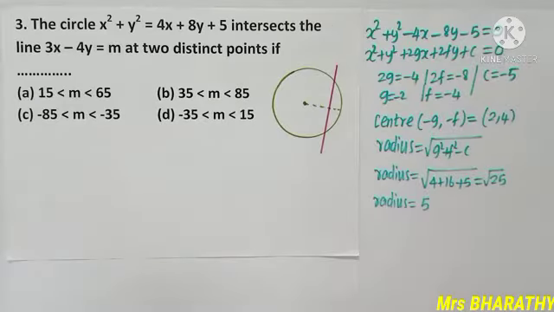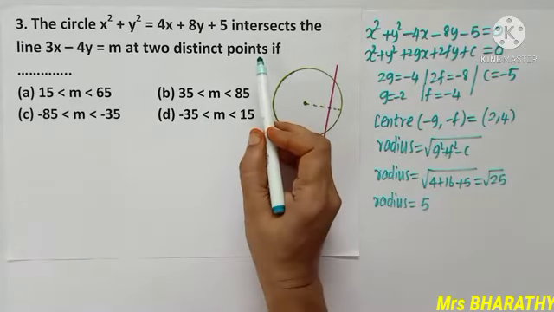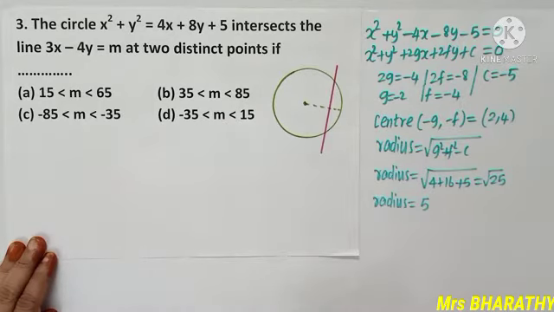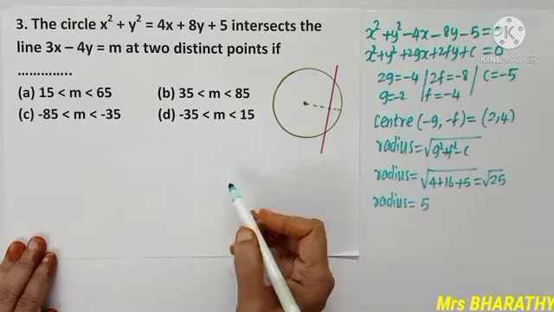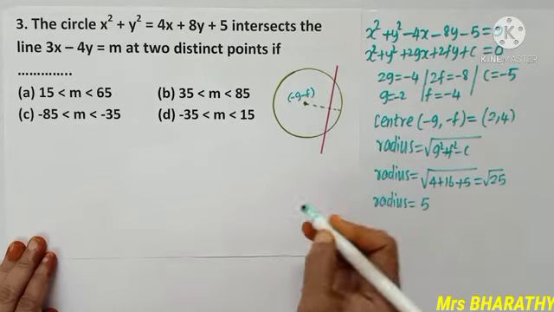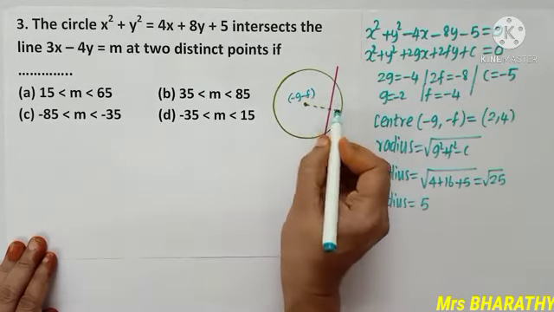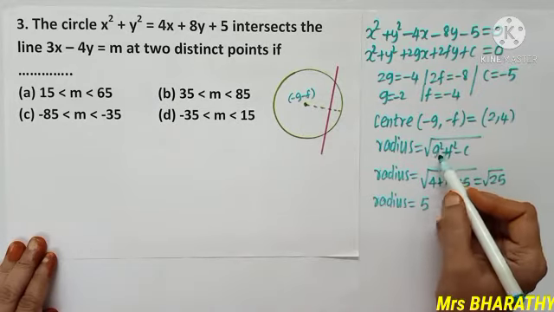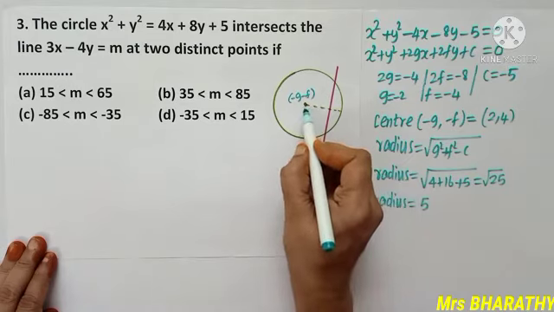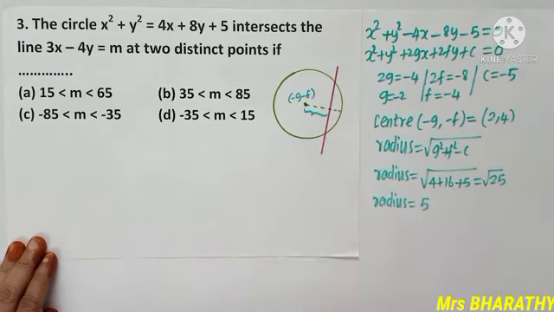Question number 3. The circle intersects the line at two distinct points. Look at the diagram. This is the center, say (-g, -f). The radius, root of g square plus f square minus c, is bigger than the distance from center to the line.